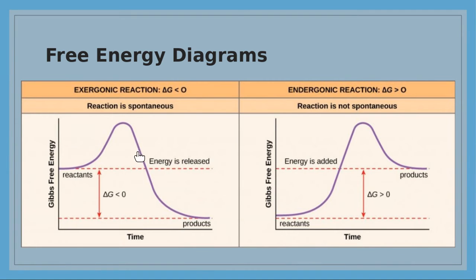And then she may ask you how to identify where the delta G is. And it's always the difference between your reactants and products. She could also ask you how to identify the activation energy, and you would have to know that's the extra speed bump right here.